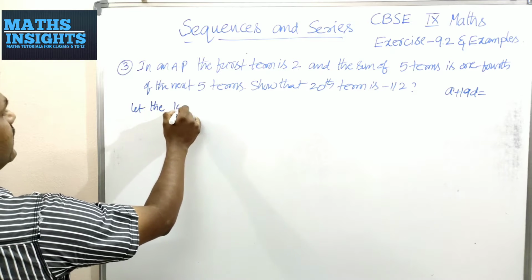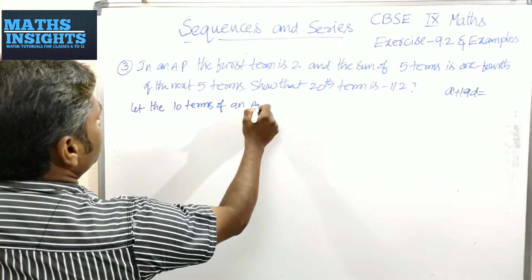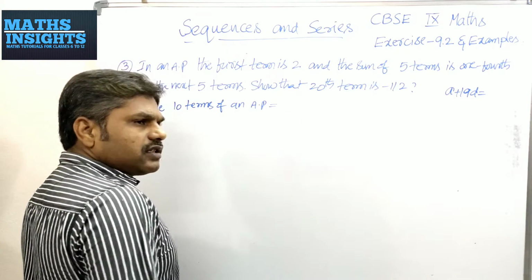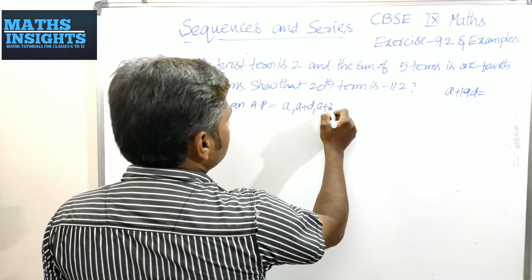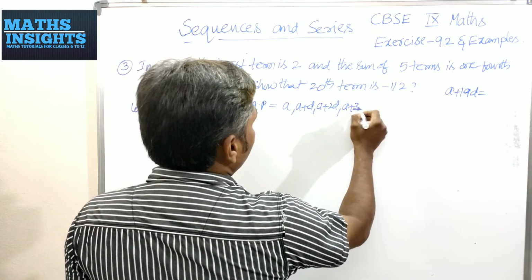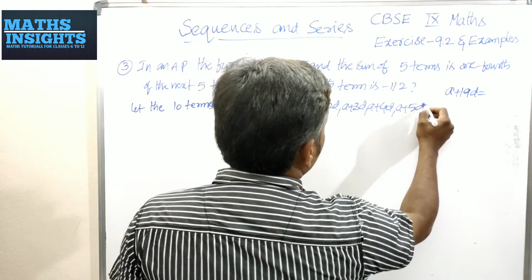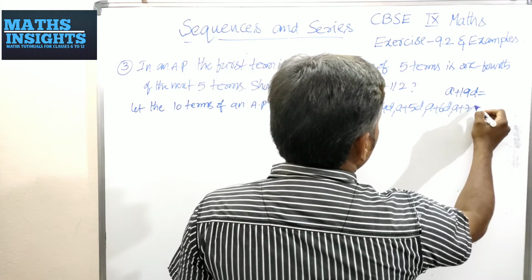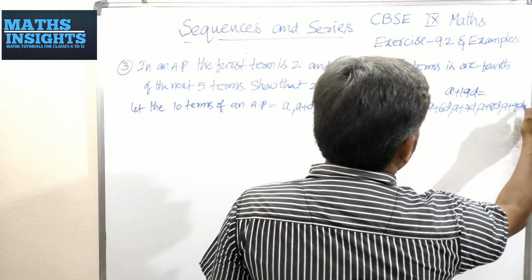Let the 10 terms of an AP be: a, a plus d, a plus 2d, a plus 3d, a plus 4d, a plus 5d, a plus 6d, a plus 7d, a plus 8d, a plus 9d.